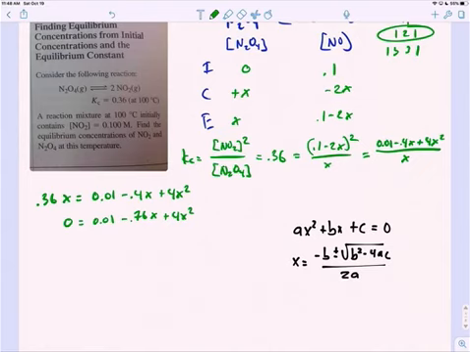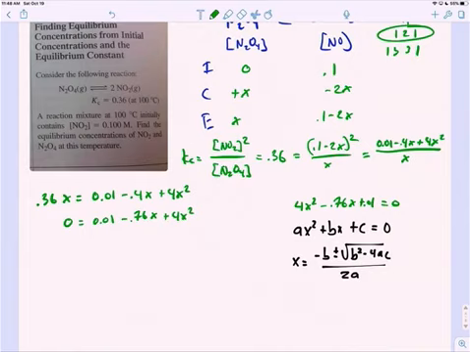And let me write this another way. I'll bring it over here. So we have 4x squared minus 0.76x plus 0.01 equals 0.